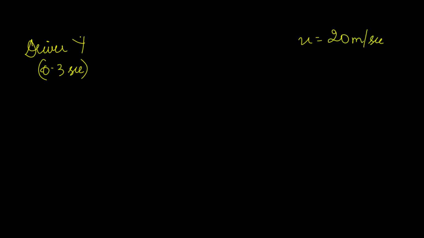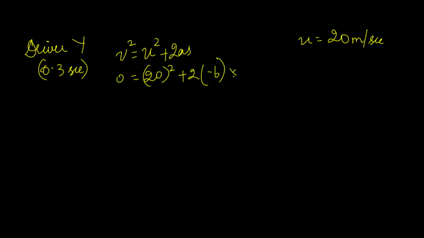First I'll calculate the braking distance. 0 equal to 20 square plus 2 into minus 6 into S. So 12S equal to 400. 400 divided by 12 is 33.33.